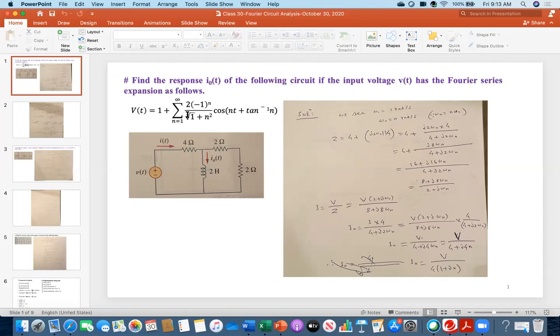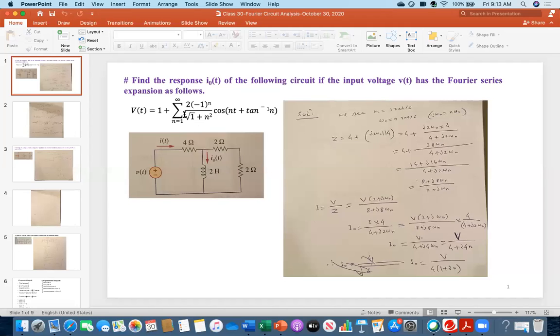First, everybody understand this one. There are two parts, one is the DC. This is the DC voltage. So the question is, if you apply 1 volt DC here, then what should be the current i naught? And next, if you apply this function, you need not be worried by looking at this, don't worry at all.